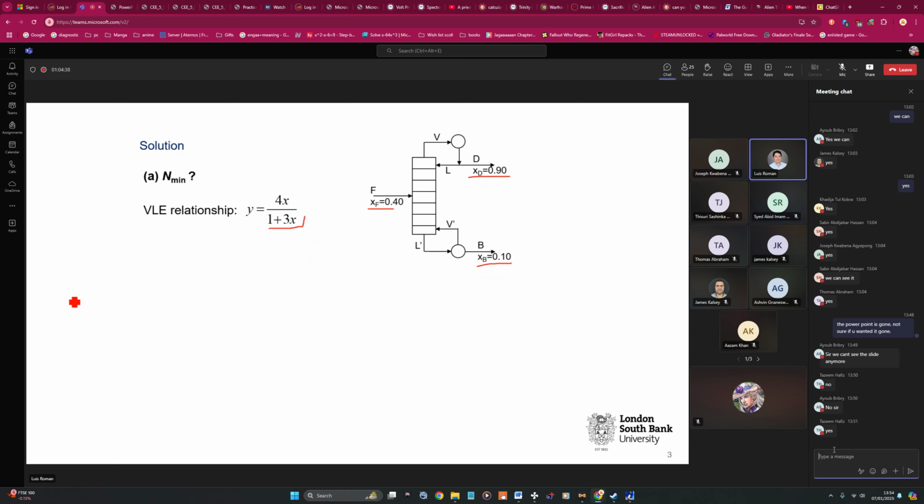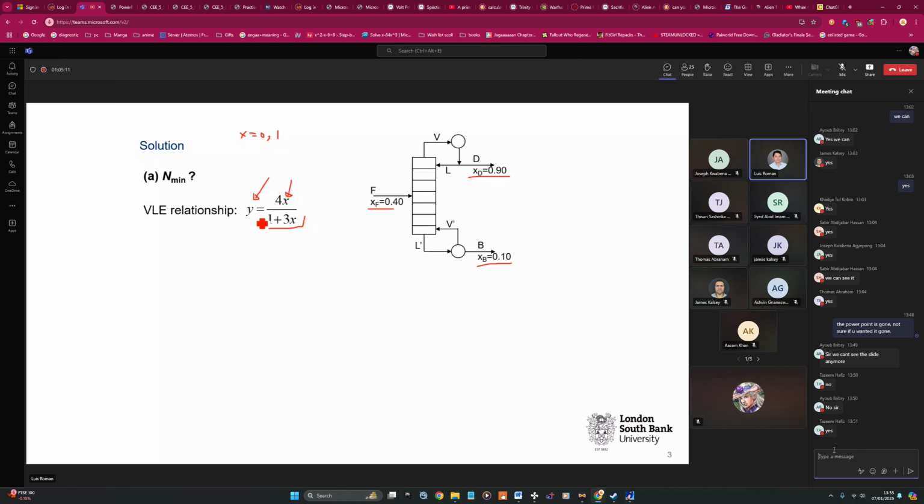In this case, because we have an equation that relates y with x, you can give values of x and calculate the corresponding values of y, the vapor phase composition. The range of x goes from 0 to 1, and also the range for y, 0 to 1.